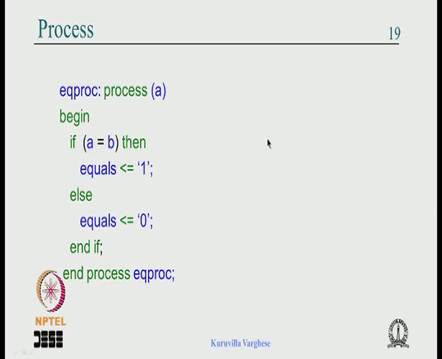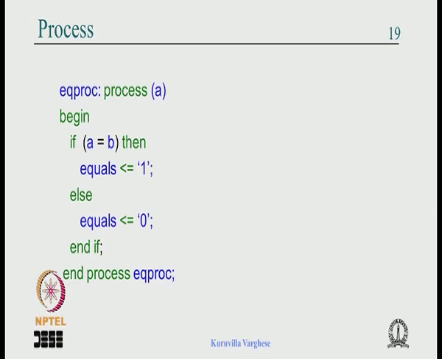This is the same process for the equality comparator, but instead of A and B we write only A. Now it means that it is an equality comparator which is sensitive only to A. That means you have an equality comparator with inputs A and B, but if B changes the output won't change. Maybe A was 4, B was 3, output was 0, but B has become 4 and the output won't become 1.